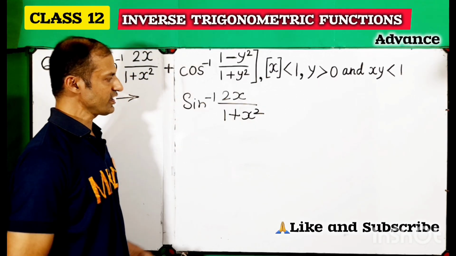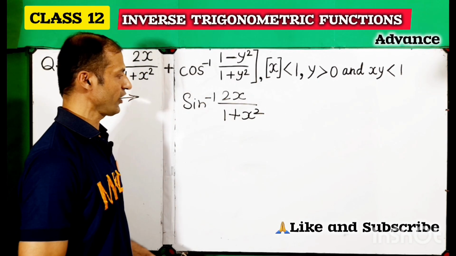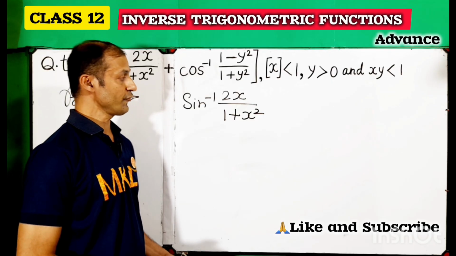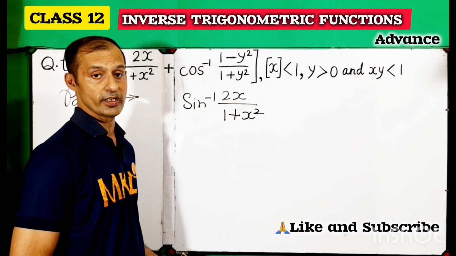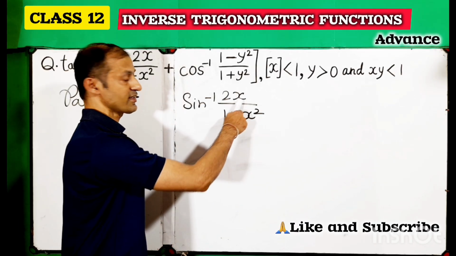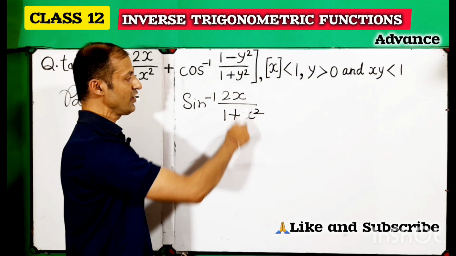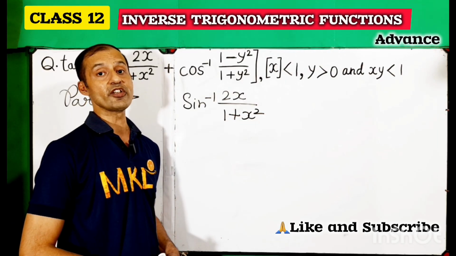If you look again carefully at this expression, what do you find? If you remember the formula of sin 2 theta, it would be easier for you. If we keep tan theta in place of x, we'll find the sin 2 theta formula.